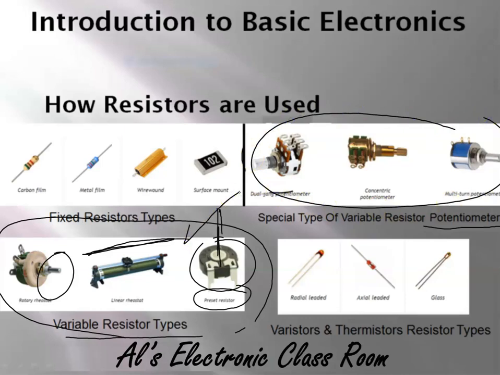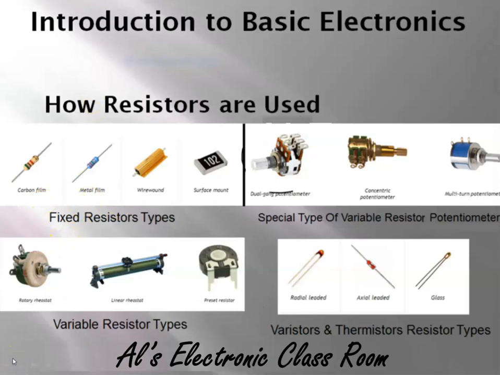All right, so let's go on here to varistors and thermistors, and I'm going to explain them. Varistors and thermistors are special application resistors, and again, we're going to look at them a little deeper at the very end of this presentation.